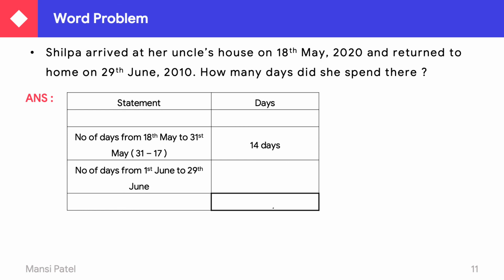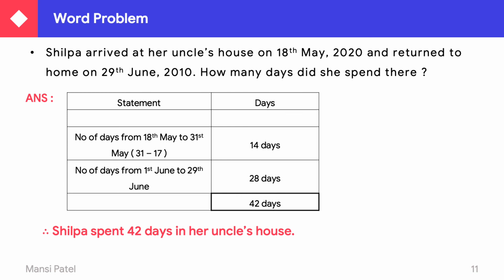So before 29, how many days are there? 28 days. Do the addition of this 14 and 28. That is 42 days. So we can say that Shilpa spent 42 days in her uncle's house.